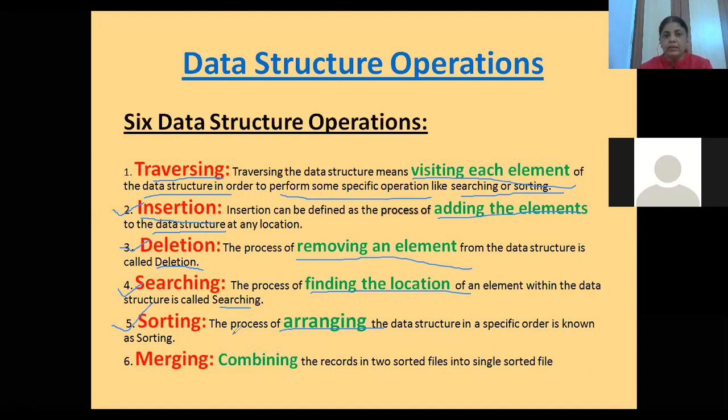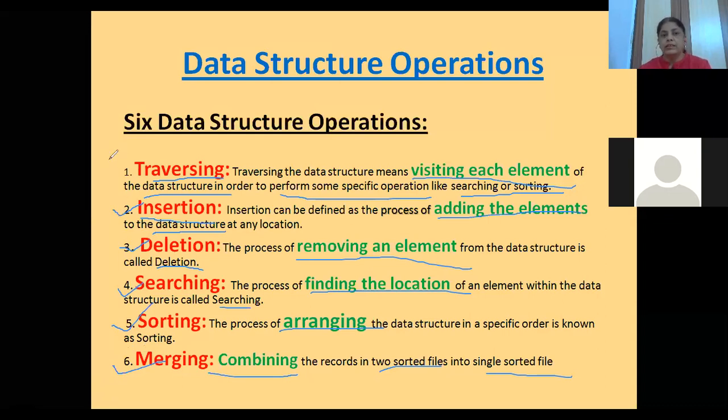So we have the bubble sorting algorithm in this sorting operation. Merging means combining records of two sorted files into a single sorted file, so we can merge or combine two files into one file.